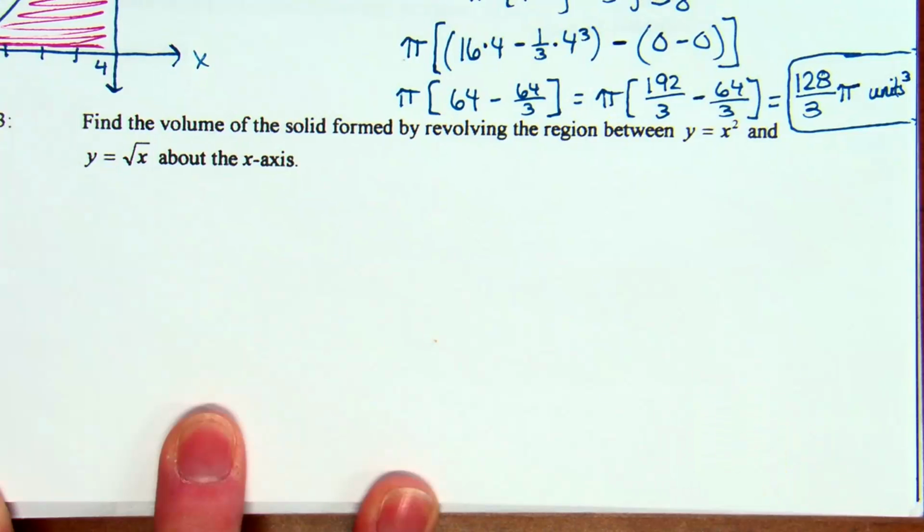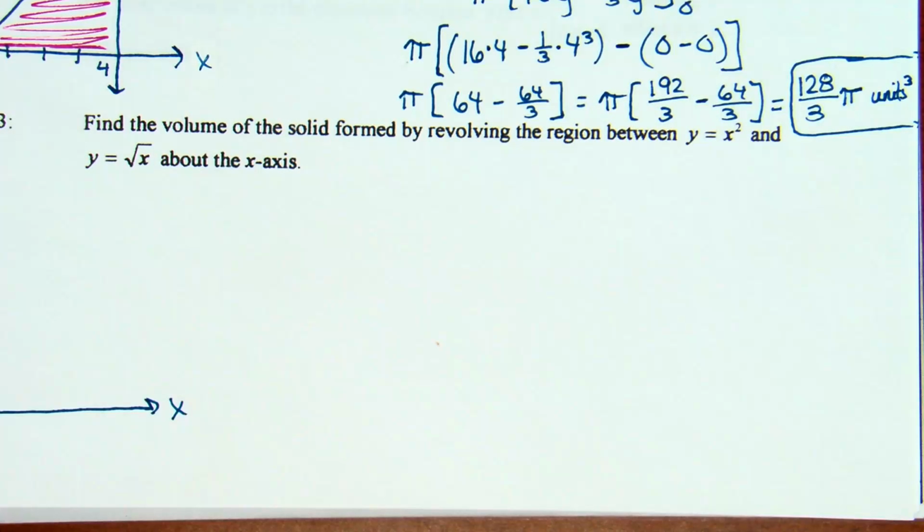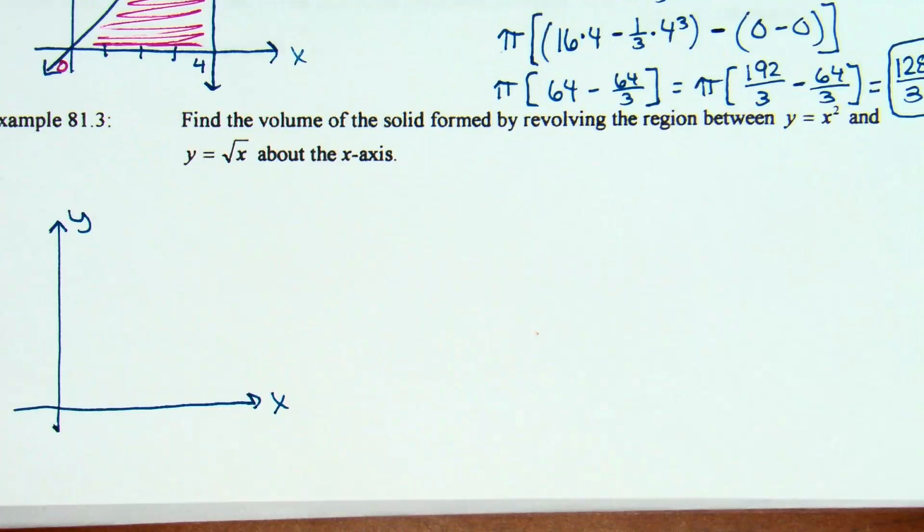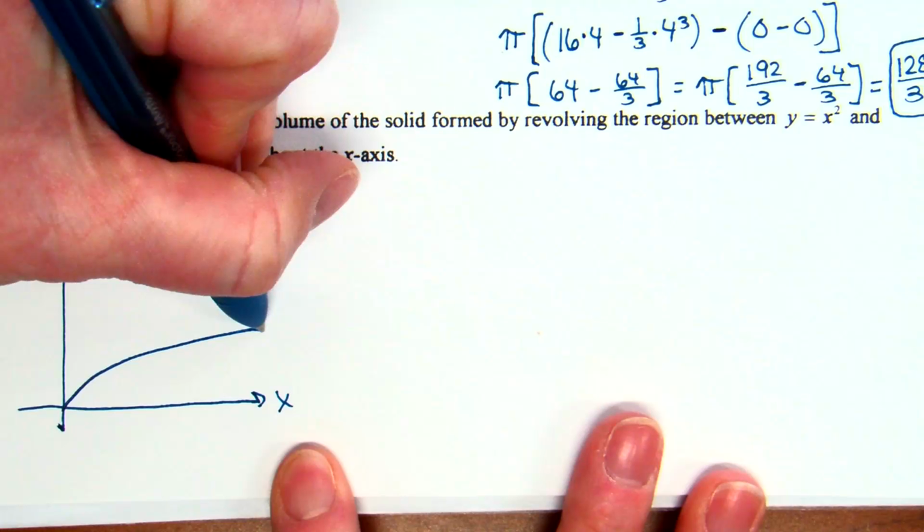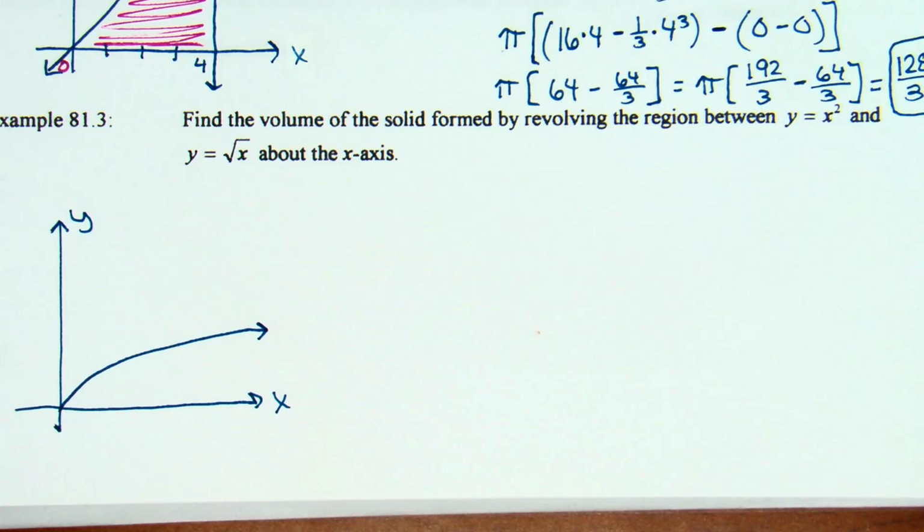So, what's the graph of y equals square root of x look like? Okay, top half of a sideways parabola, which means it's only in quadrant 1, which is why I did that one first.